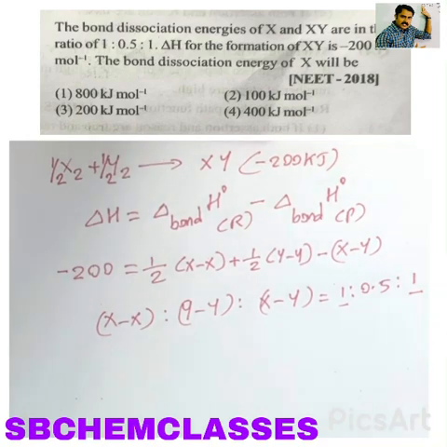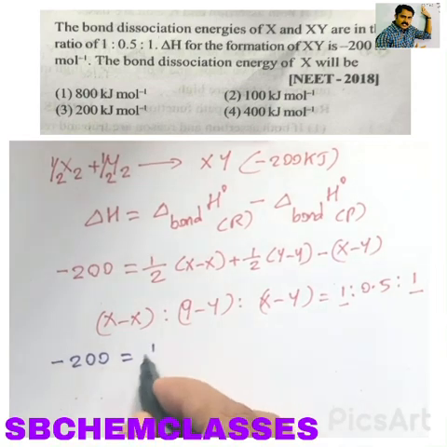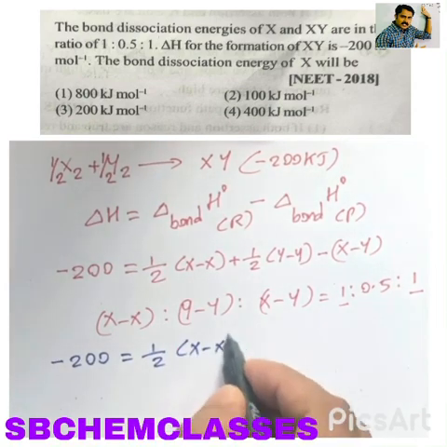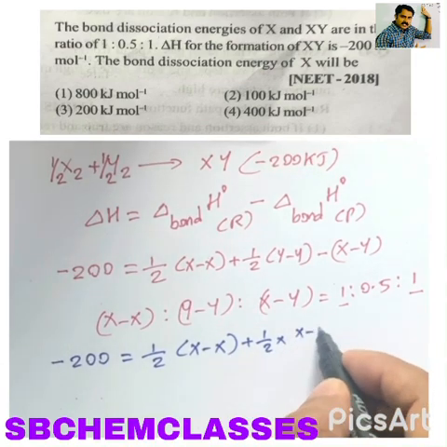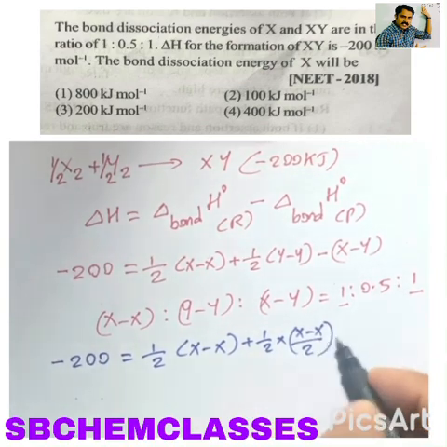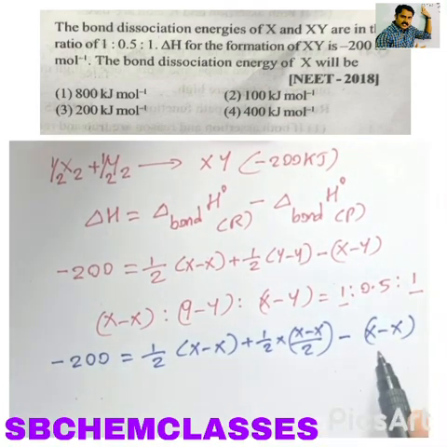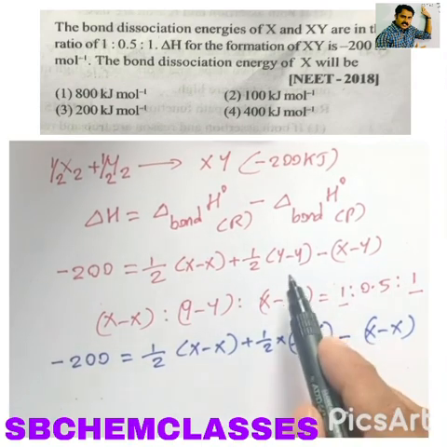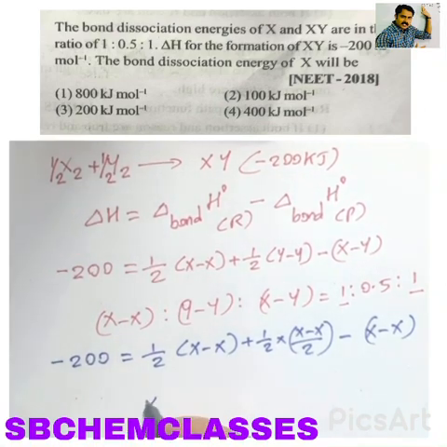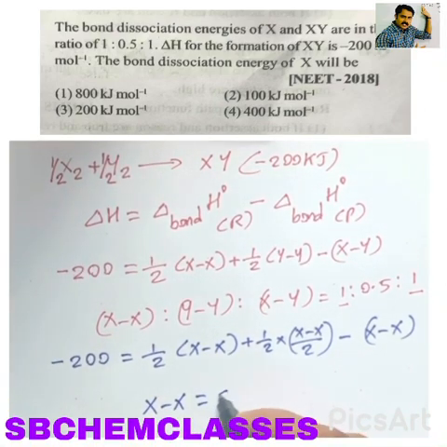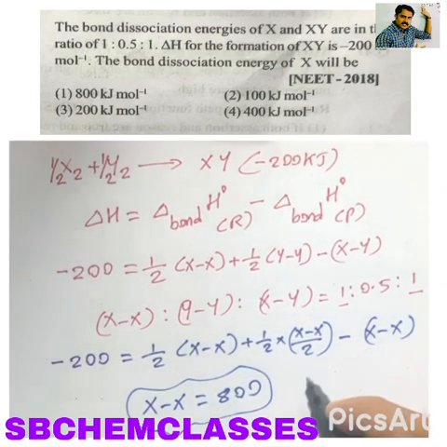So I am writing the equation like this: minus 200 equals half into XX plus half into XX by 2 minus XX, because XY equals XX and YY equals XX by 2. By calculating, the XX bond enthalpy will be 800. That is option 1.